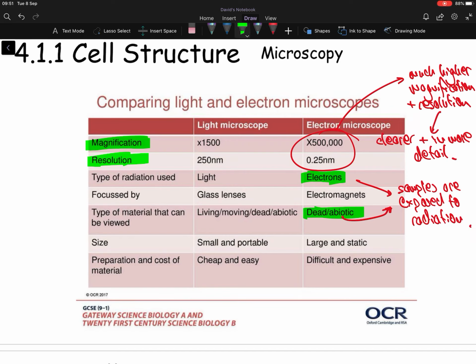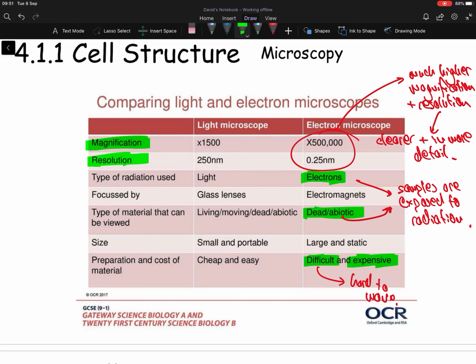They're also incredibly big, difficult to move, and also what you might describe as being quite expensive as well.